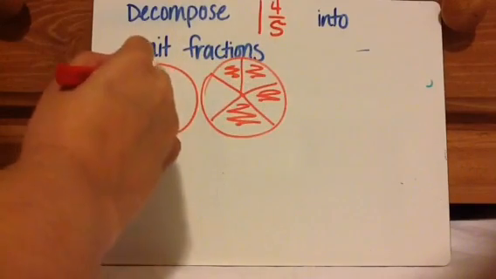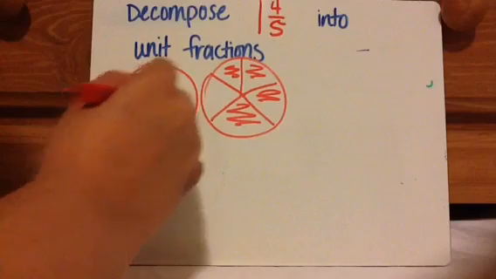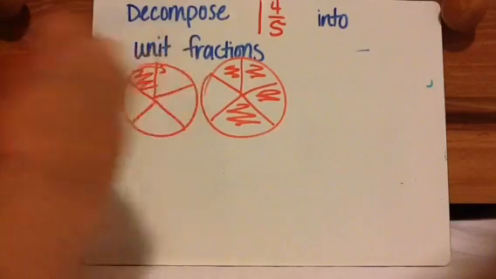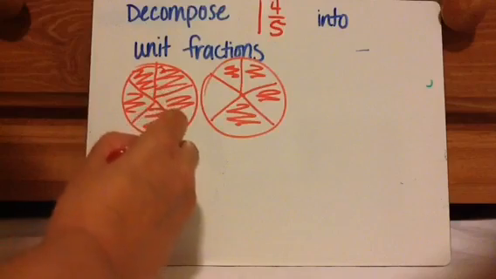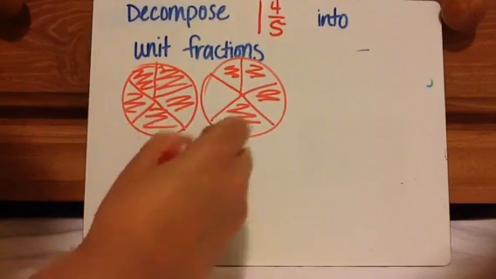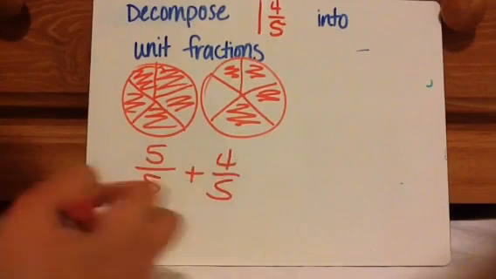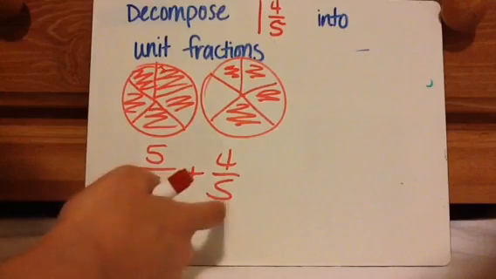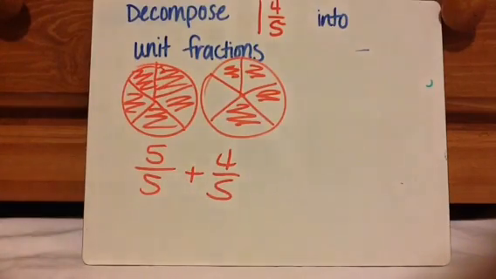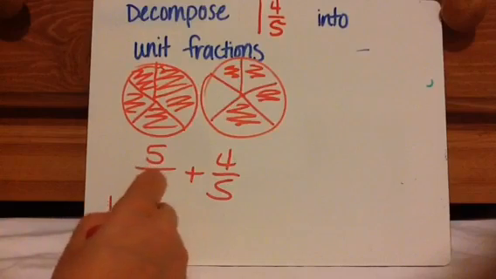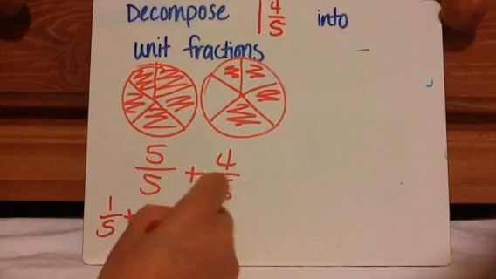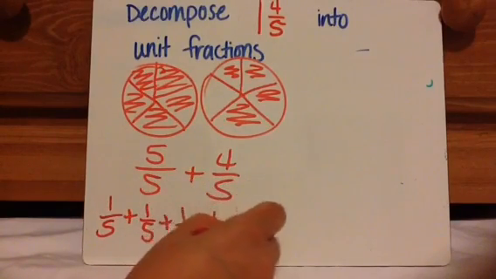Okay, now you also want to understand that this is also in fifths. So 1, 2, 3, 4, 5. 5/5 and 4/5. 1 whole and 4/5. So you can also then break this up to 1/5 plus 1/5 plus 1/5 plus 1/5 plus 1/5.